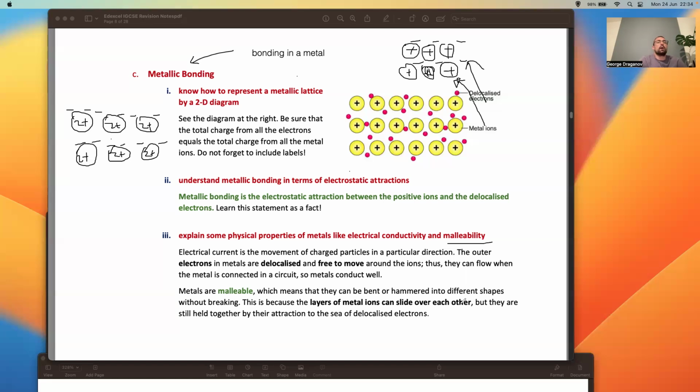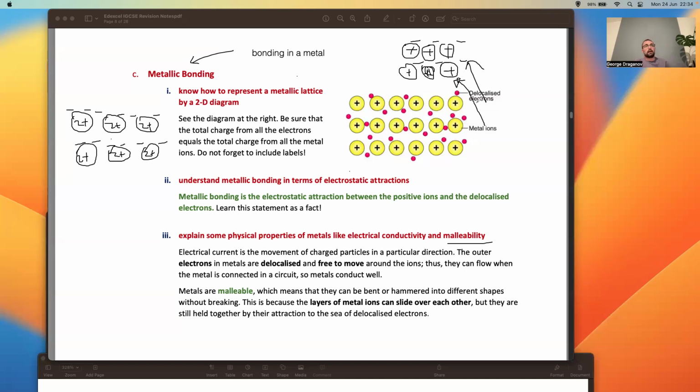That's the reason why the metals are malleable. So even though the attractions are strong between the delocalized electrons and the metal cations, the cations can actually slide over each other. And that's what makes the metals malleable. Now, later on, you'll do alloys and how those are hardened metals. But for now, this is the key point.